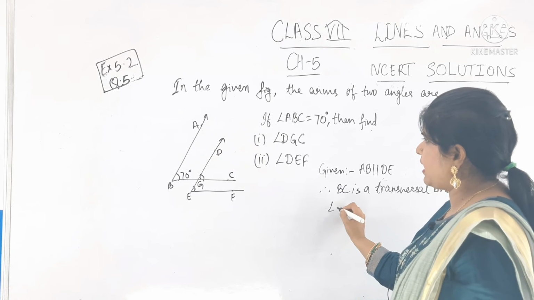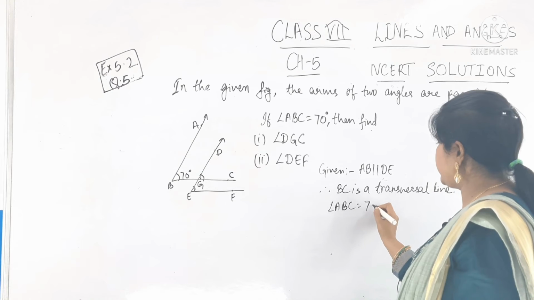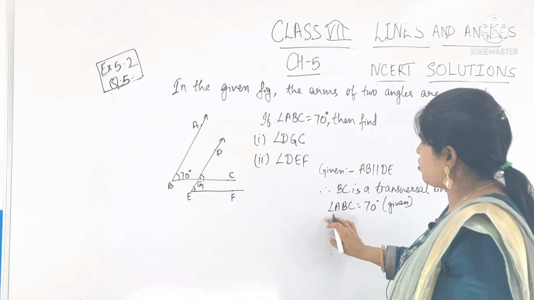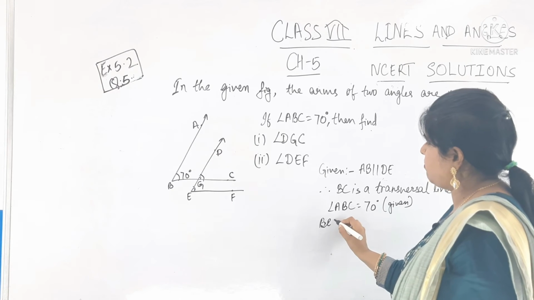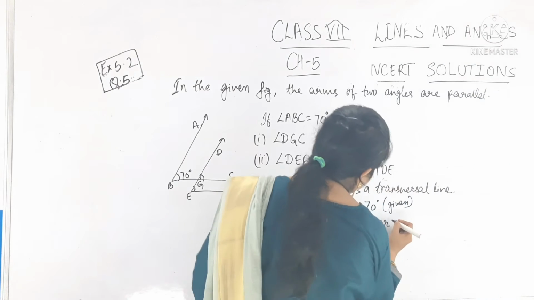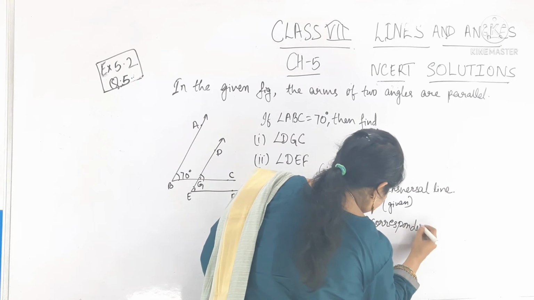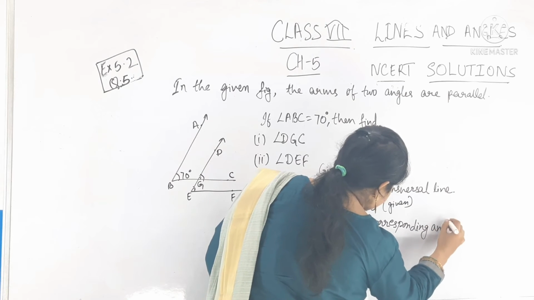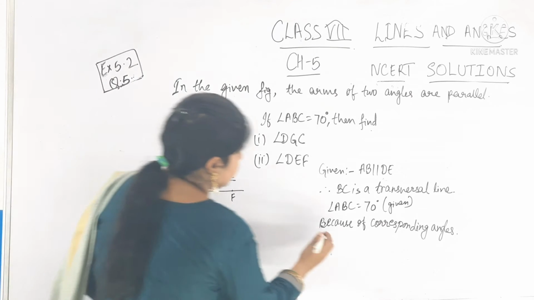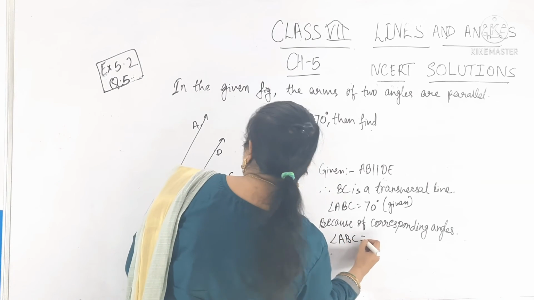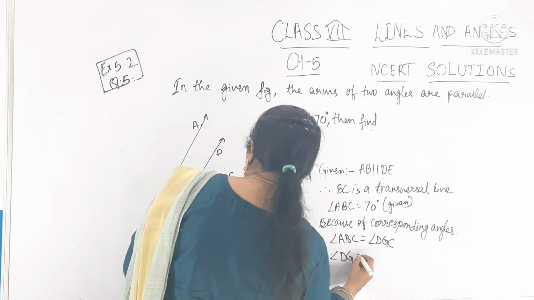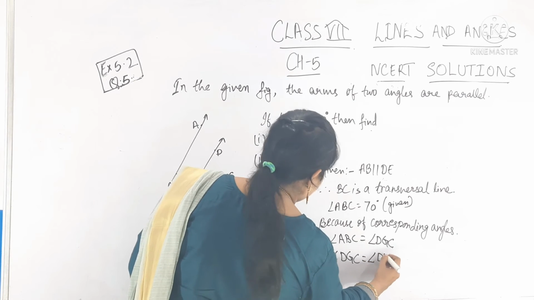Here angle ABC is equal to 70 degrees. It is given. Therefore, because of corresponding angles, we can say that angle ABC is equal to angle DGC and angle DGC is equal to angle DEF.